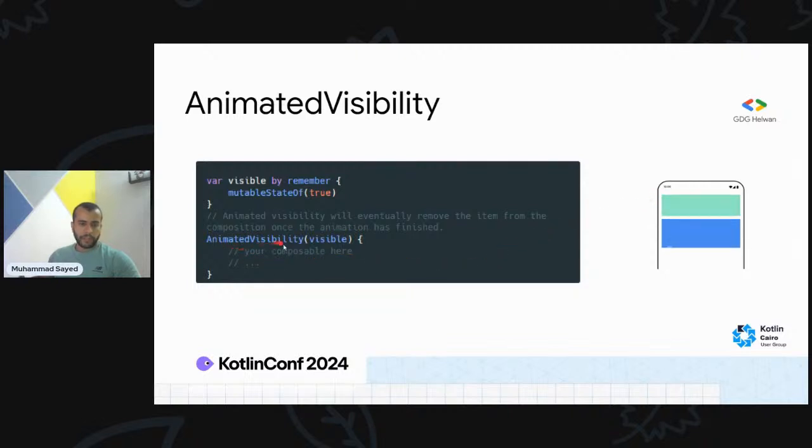We can also control the specifications of this function, like the enter animation and exit animation, by adding another parameter.